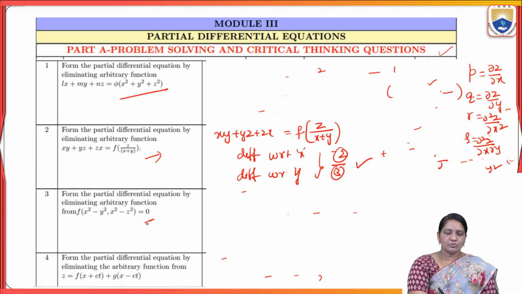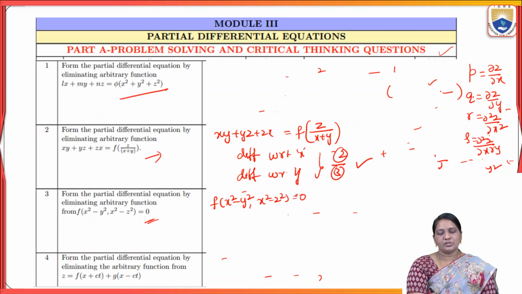Next, coming to the third one, here some different form is there, that is f of x square minus y square comma x square minus z square equal to 0. From this we need to eliminate the arbitrary function. If they give the form like this, we have to remember the general solution form is phi of u comma v equal to 0 or f of u comma v equal to 0.